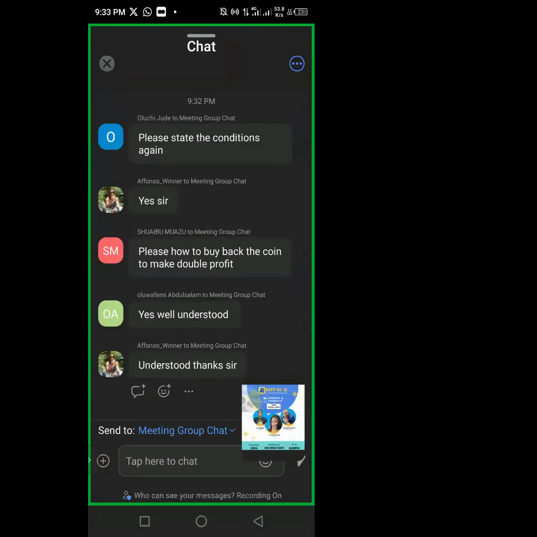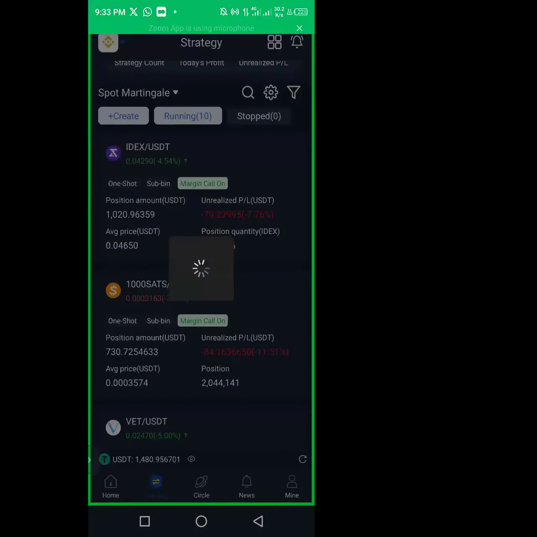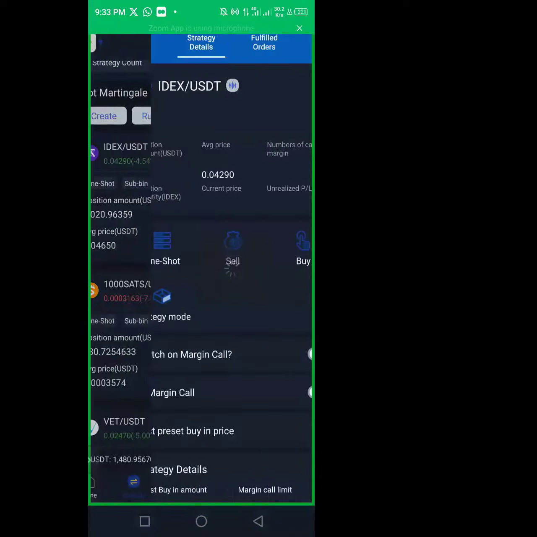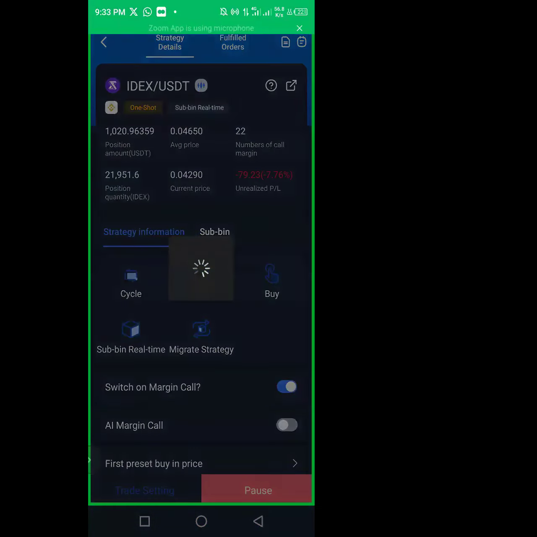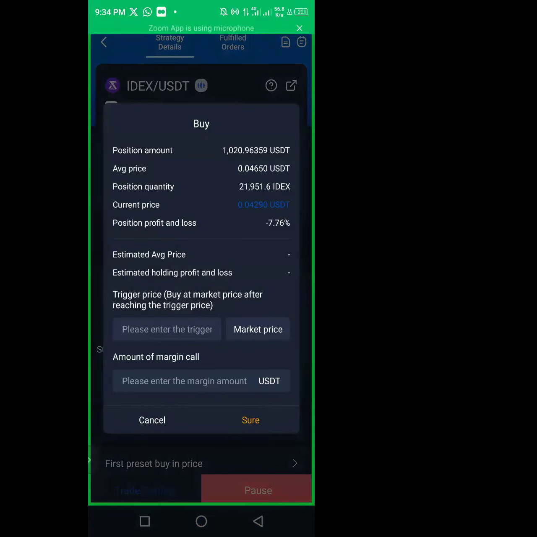Okay, yes, well understood. Please, how to buy back the coin to make double profits? When you click on the coin, you click on buy here. Then you click on market price.